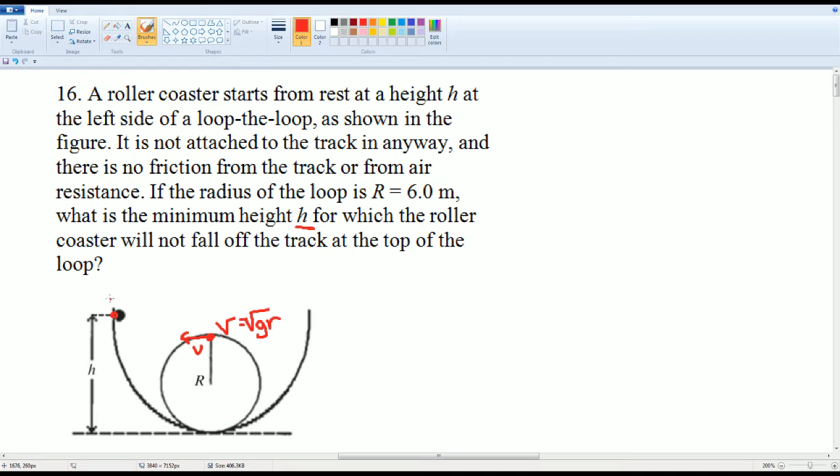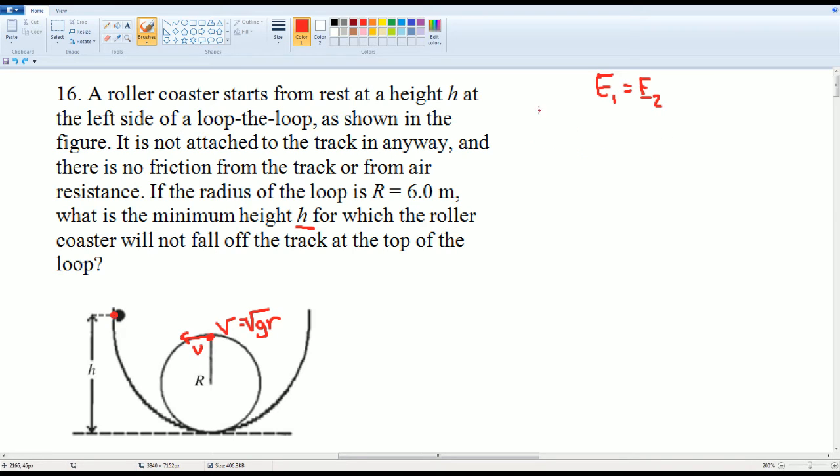Okay, so roller coaster problem. Energy 2 is going to be equal to my energy 1, or in this case, energy initial is going to be equal to my energy final. So I have mgh plus 1/2 mv squared.